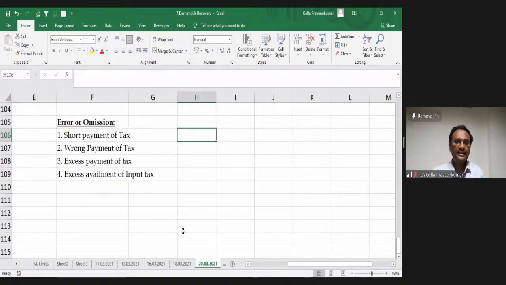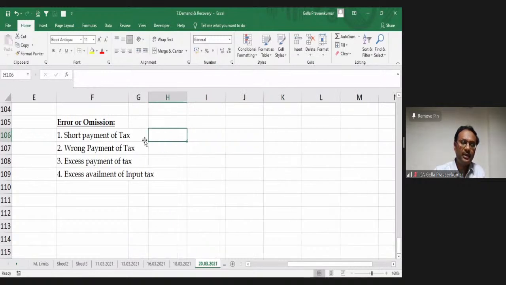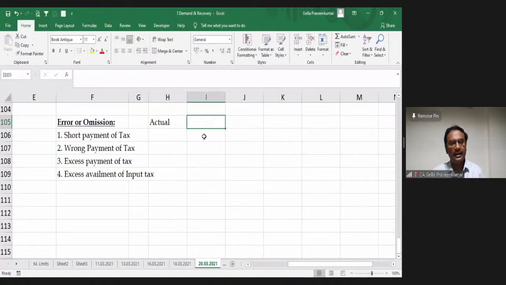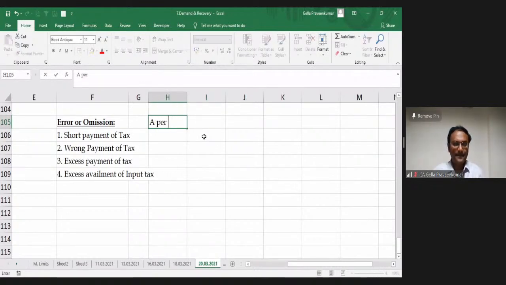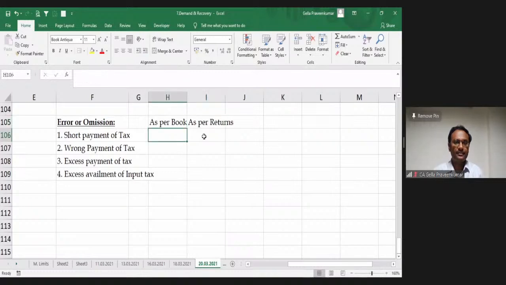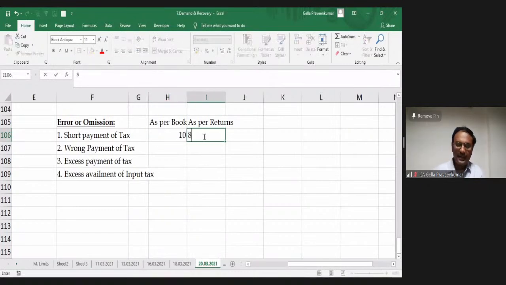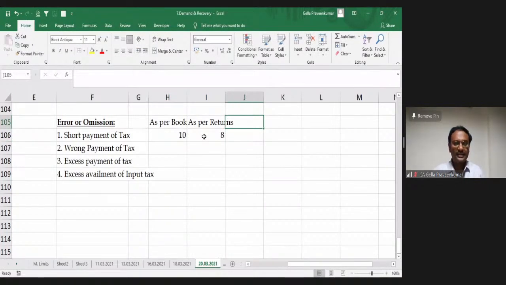The provision says, look, you have to pay. Now I'll put it this way: actual, as per books, and as per returns. As per books, I have to pay tax of 10 lakhs. As per returns, I have paid tax of 8 lakhs. What is the recourse?